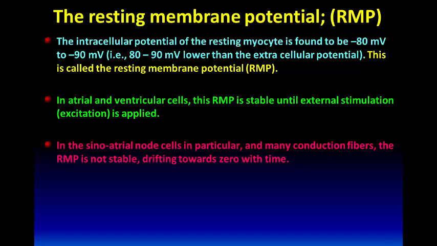On the other hand, in the sinoatrial nodal cells in particular, and in many conduction fibers, the resting membrane potential is not stable. Rather, it changes spontaneously to less and less negative values, and it drifts towards zero with time.